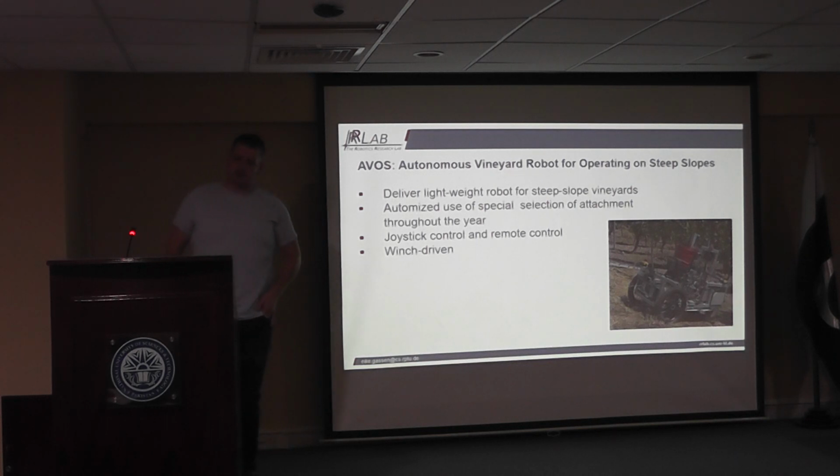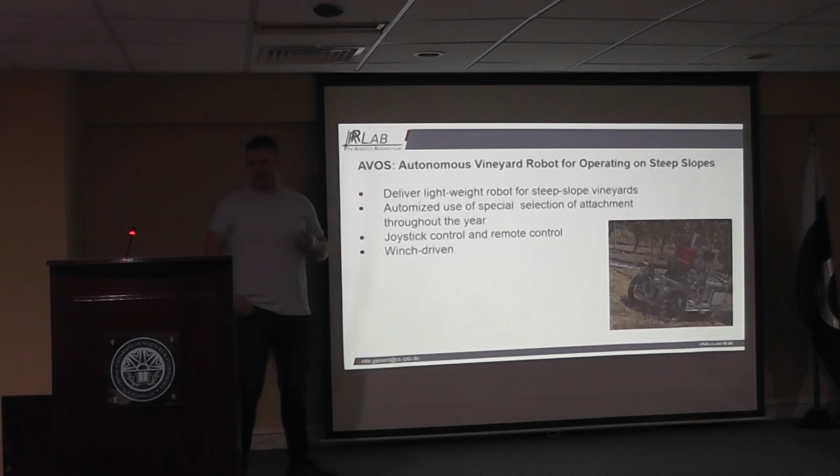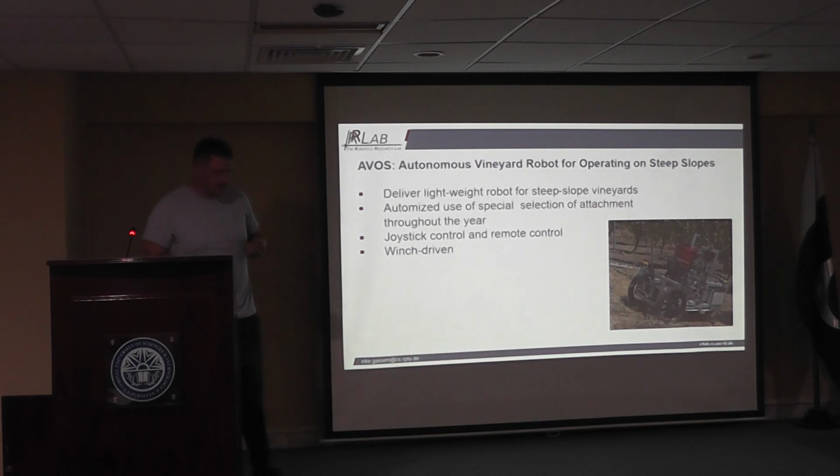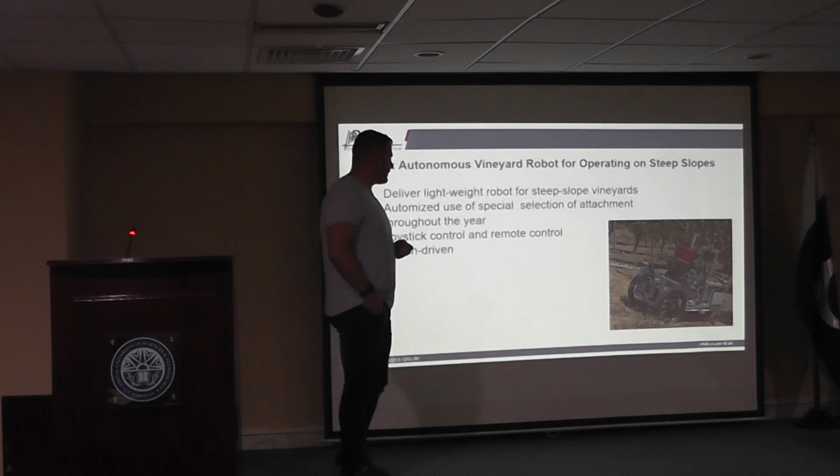And so we tried to develop a lightweight robot from scratch for the farmer, for the winemaker, and to do this in a realistic way. That means to do it at not high cost and affordable for the winemaker.